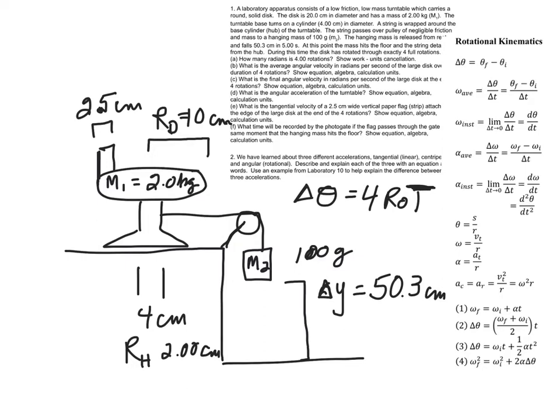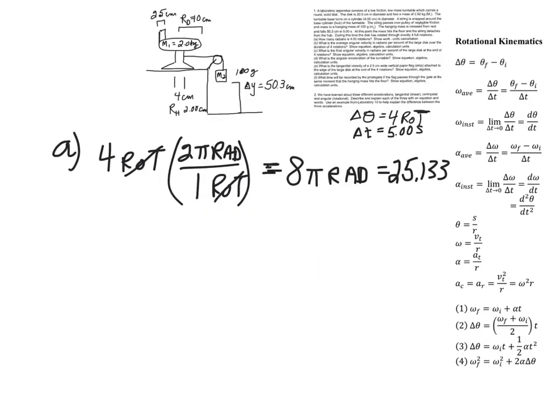Now you can pause if you haven't done A and do A, or just keep watching. Okay, most of you got this right, but not all of you got the formatting right. So when we do units conversion, remember we write the number down and then we write the conversion factor as a fraction with the units, and we cancel the units that we're trying to eliminate.